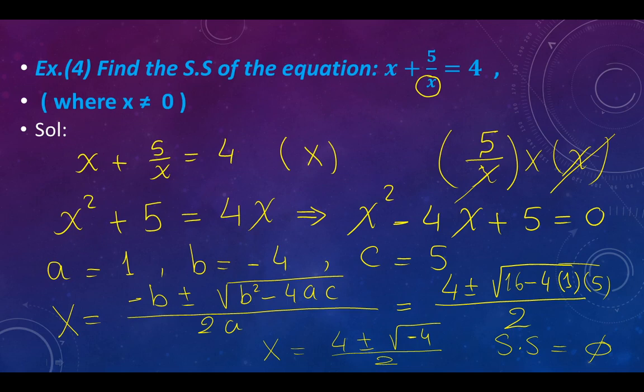So the main idea in this example is that you have x in the denominator and you have to get rid of it by multiplying all the terms of the equation by x. Okay, let's go to another example.